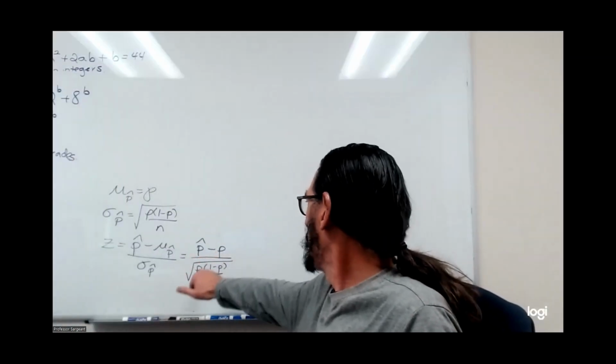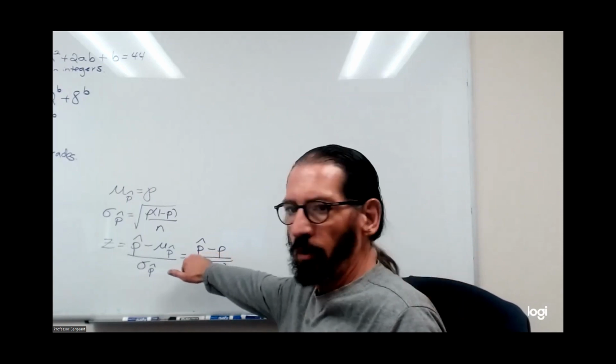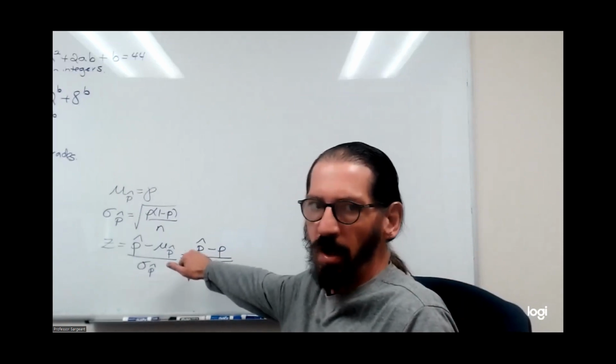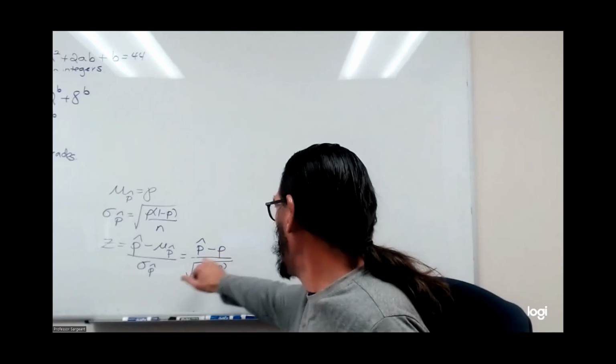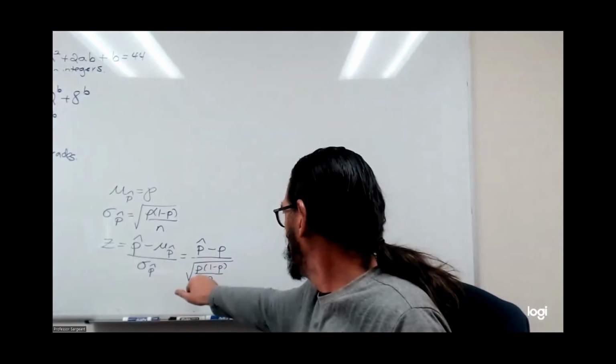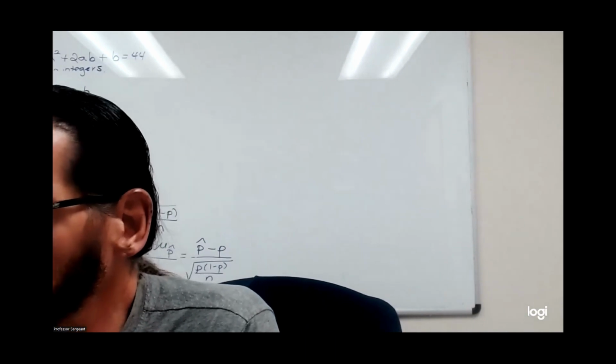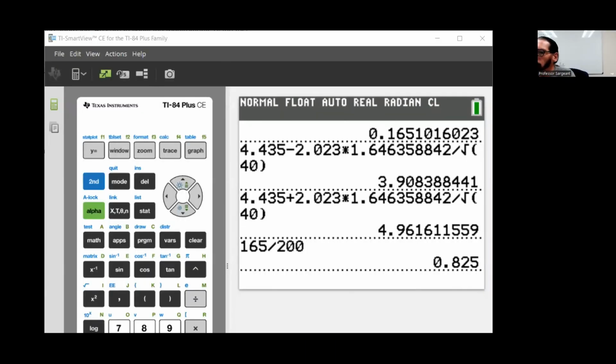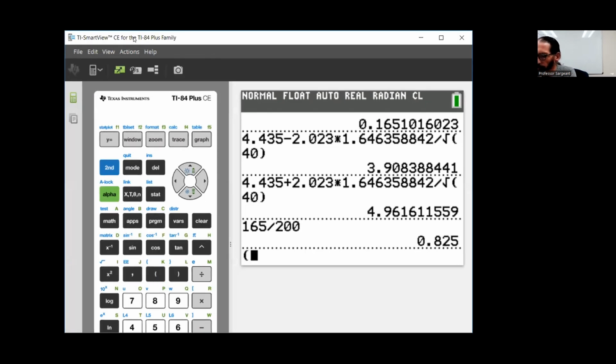I'm going to be putting in 0.825 for p hat, and then 0.8 everywhere else except for n. N is 200. Let's see what we get there. Now the calculator knows the order of operations.